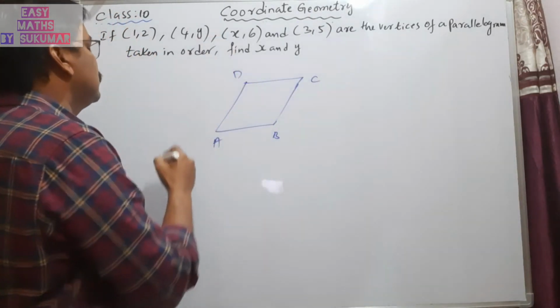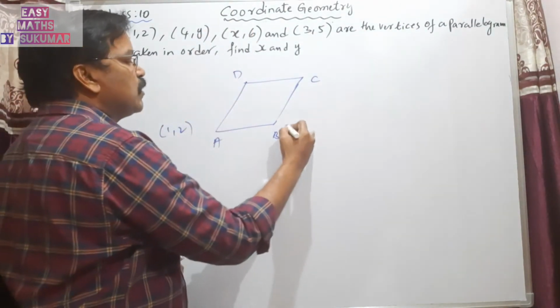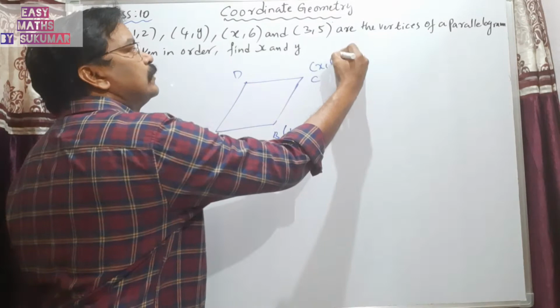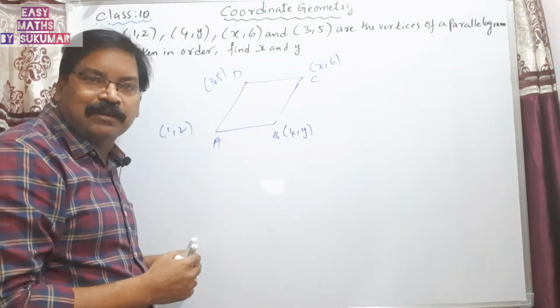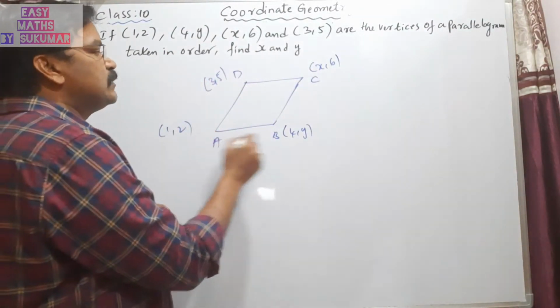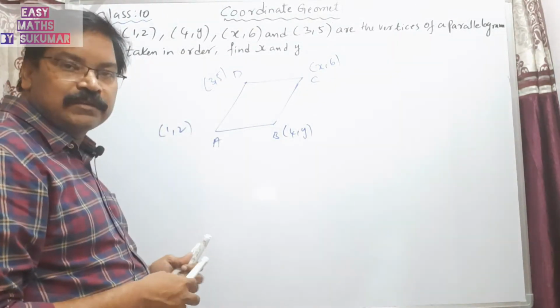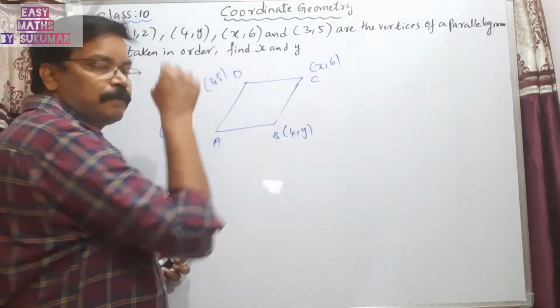The vertices are 1 comma 2, 4 comma y, x comma 6 and 3 comma 5. These are the 4 vertices of a parallelogram taken in order, that means ABCD in order. Find x and y. So we should find the values of x and y.